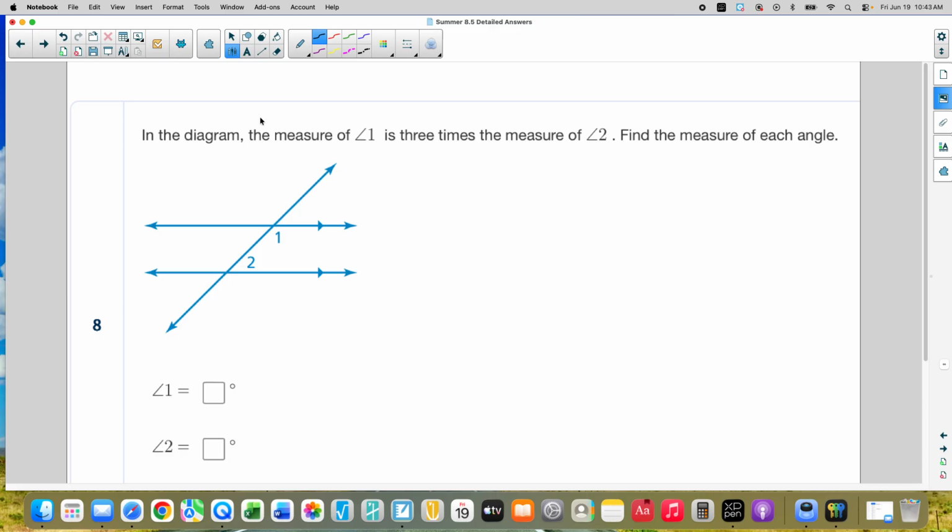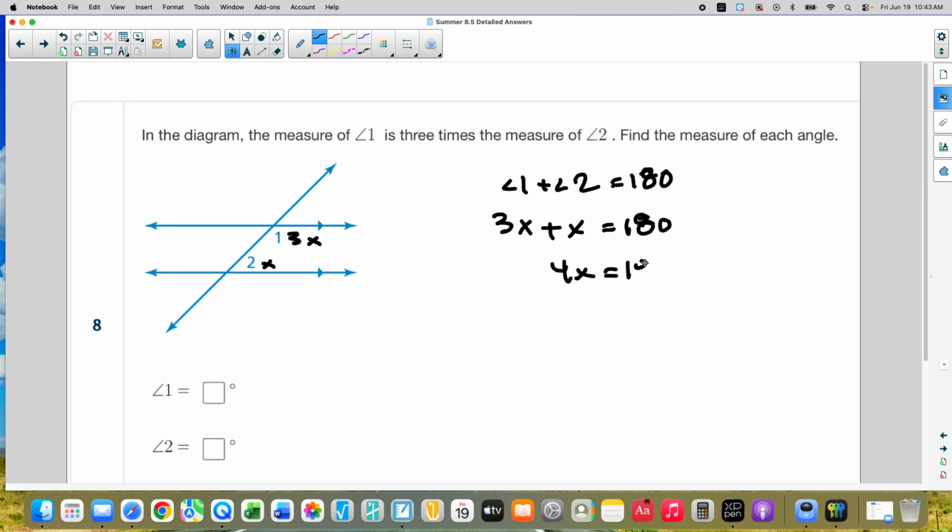In the diagram, the measure of angle 1 is 3 times the measure of angle 2. So that is 3x, this is x, and we know that angle 1 plus angle 2 should equal 180 degrees. If angle 1 is 3x and angle 2 is x, we get 4x equals 180, divide by 4, and we get x equals 45.